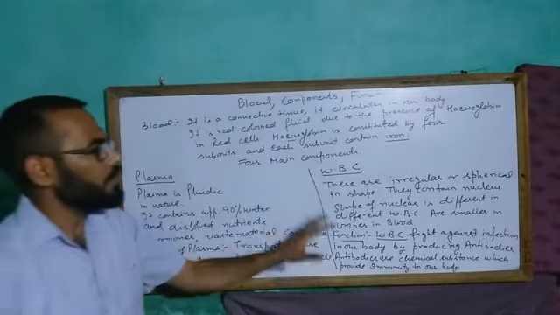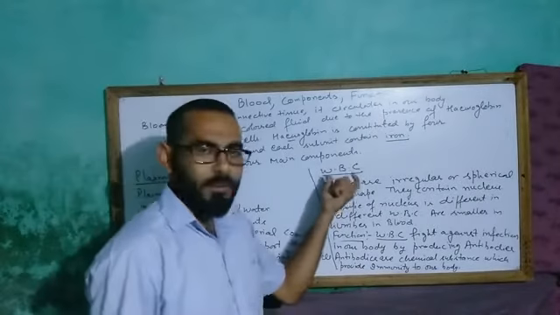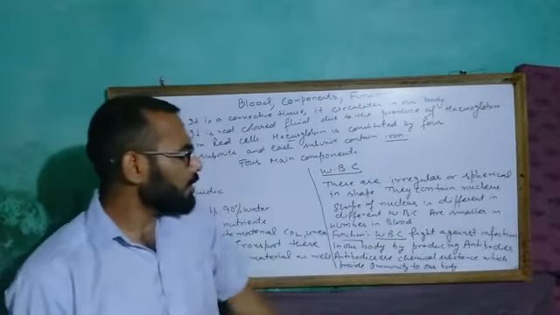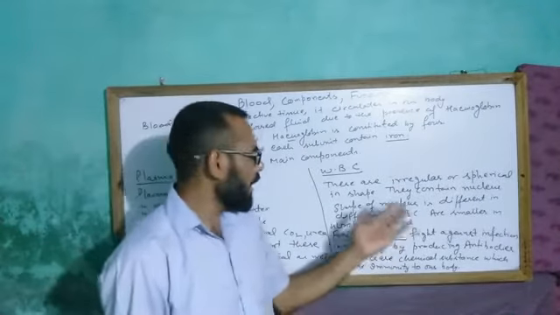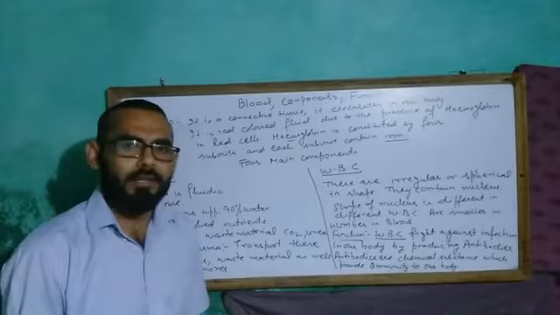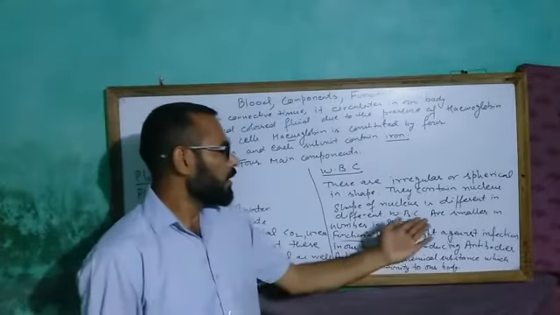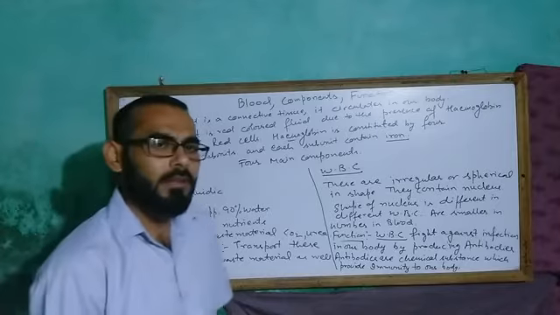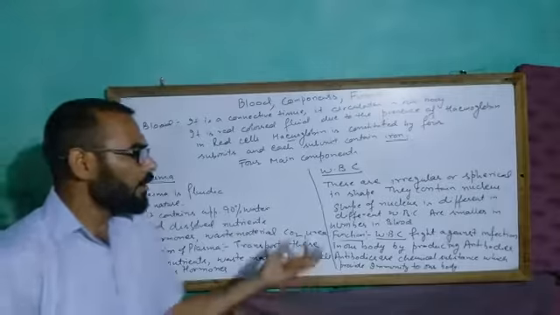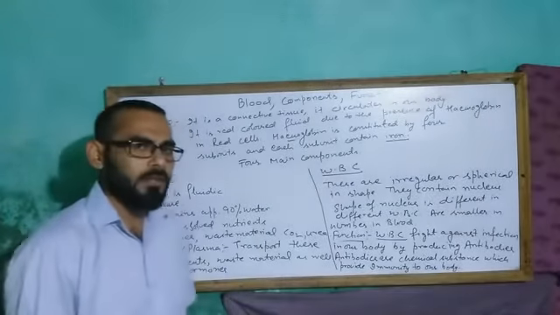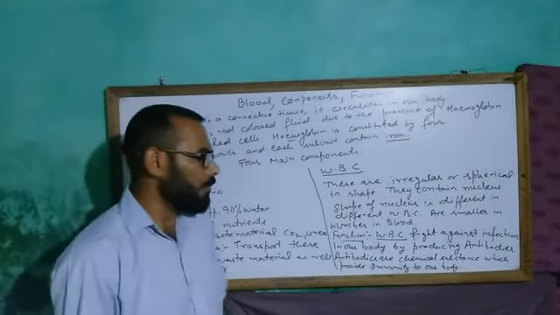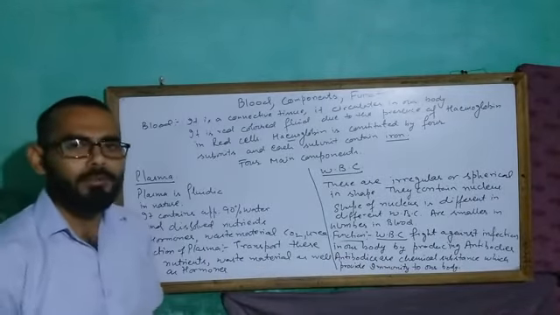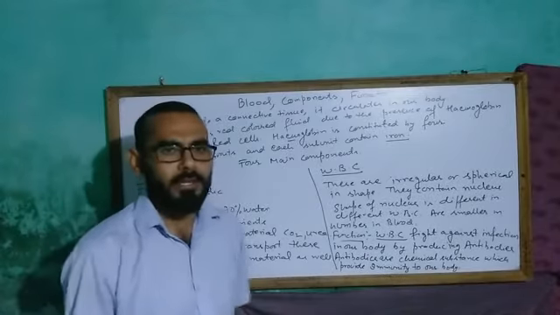So what are WBC? WBCs are white blood cells. These are irregular or spherical in shape. They contain nucleus, and the shape of nucleus is different in different WBCs. They are smaller in number in blood. The function of WBC is that WBC fight against infection by producing antibodies in our body. What are antibodies? Antibodies are chemical substances which provide immunity to our body.